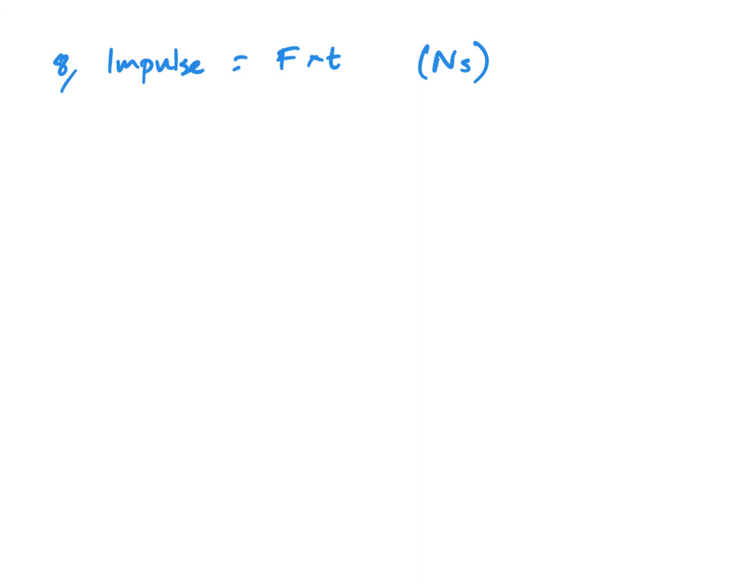But if we think about the equation we were looking at during learning outcome 7, we were basically using F equals ma.